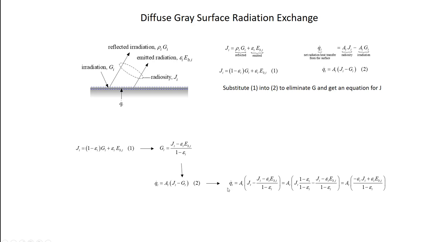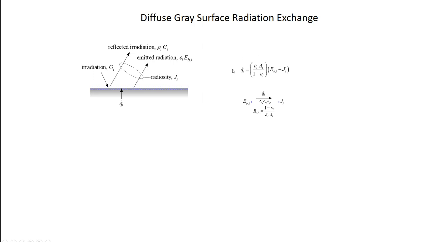So Q dot, the net radiation heat transfer from the surface, is equal to A times this quantity here: minus the emissivity times the radiosity, plus the emissivity times the blackbody emissive power, divided by 1 minus the emissivity. If I factor out the emissivity, I get this equation right here.